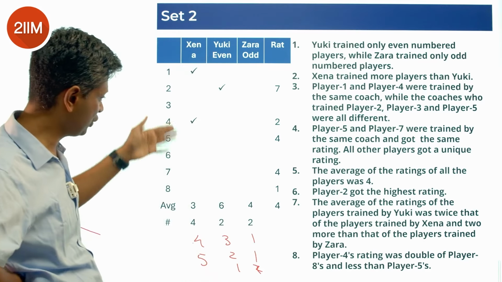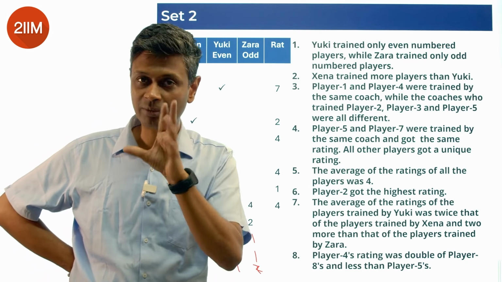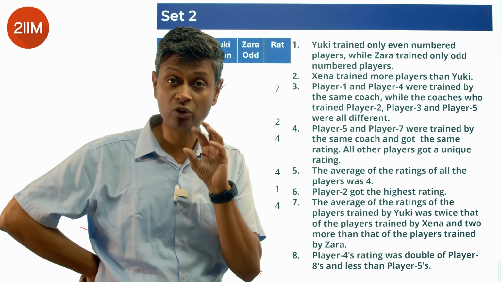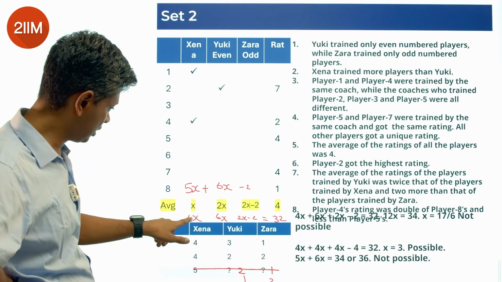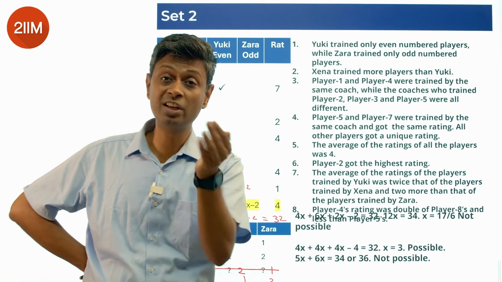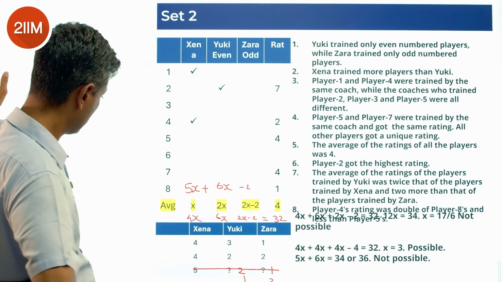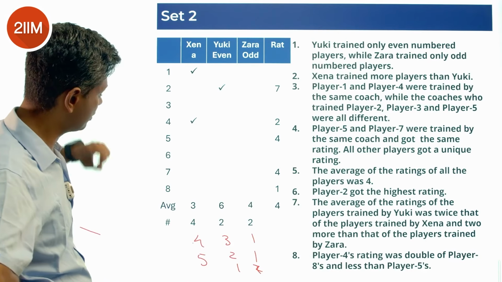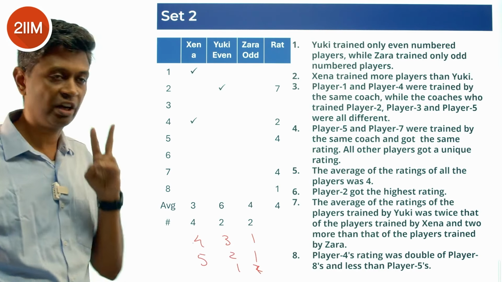And because all of these are integers, sum of all integers divided by 4 cannot be something by 3. So the number of entities here cannot be 5. It cannot be 4, 3, 1. It has to be 4, 2, 2. That means the number of people Zena has trained is 4, Yuki has trained is 2, and Zara has trained is 2.